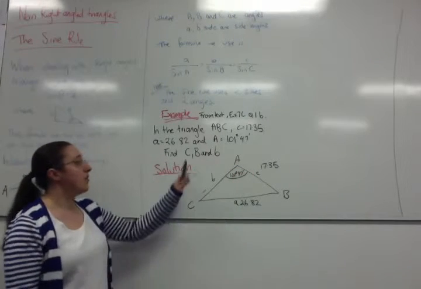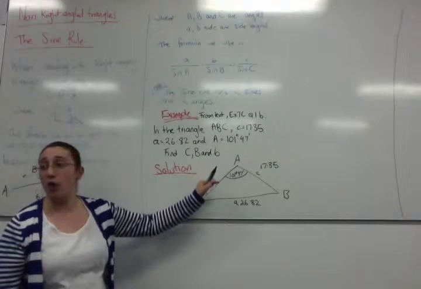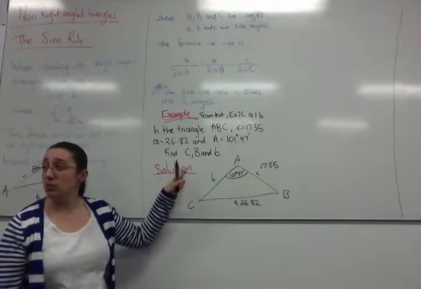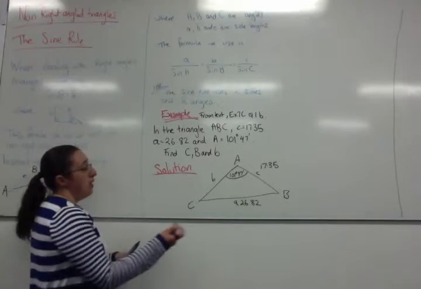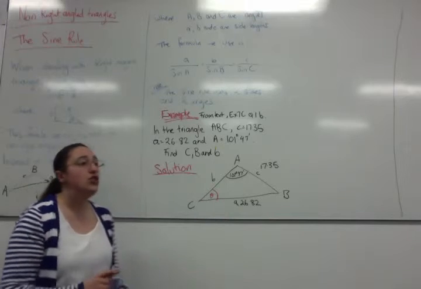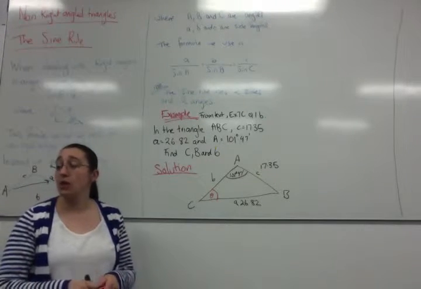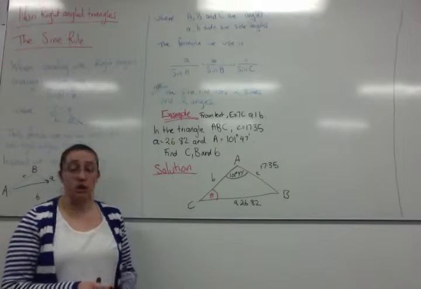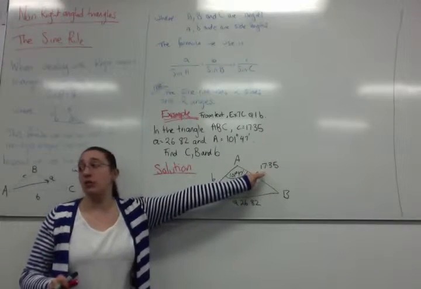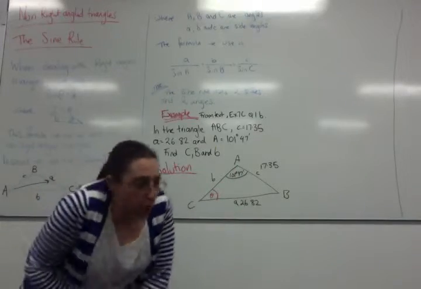Now, we've got C, and B, and b to find. So let's start with C. Go for the first one. Let's find this angle here. Do you have all the information that you need to find what the angle C would be? Yes, because you've got the side c and you know everything for A. So you write up your formula.